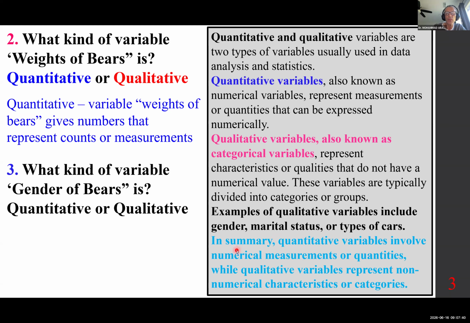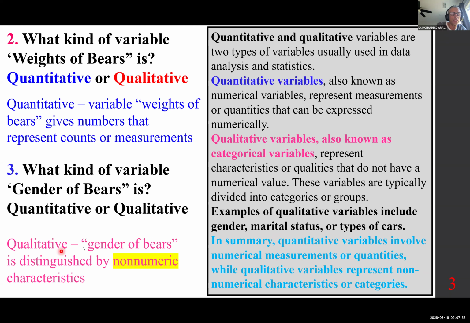In summary, quantitative variables involve numerical measurements or quantities, while qualitative variables represent non-numerical characteristics or category. So in this case, we are dealing with the qualitative because gender of bears is distinguished by non-numeric characteristics. So pretty straightforward.